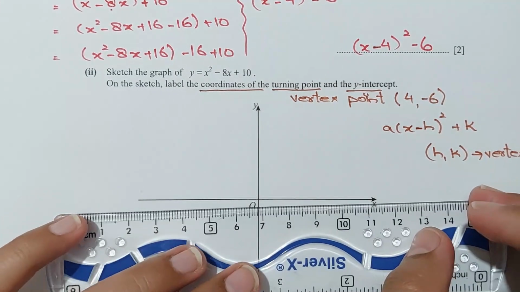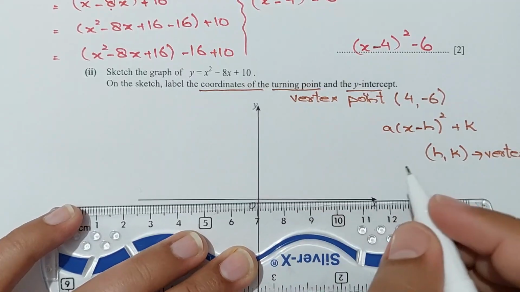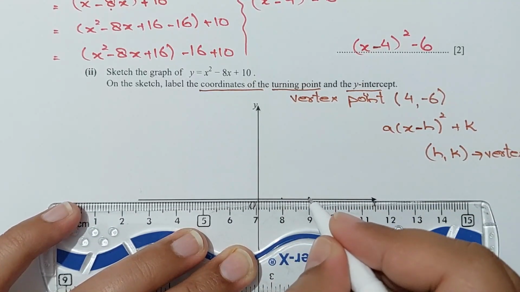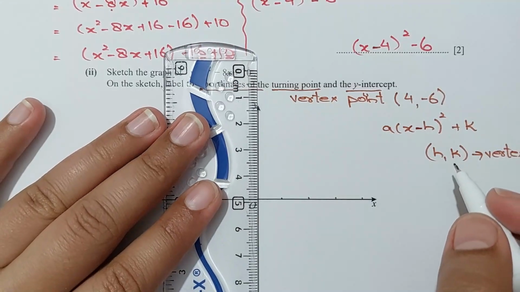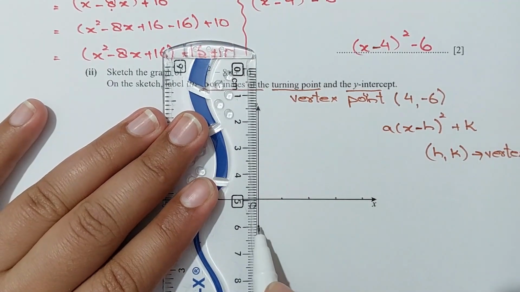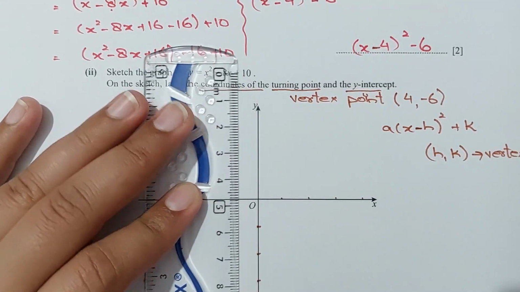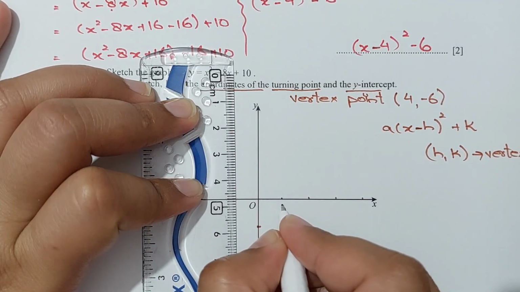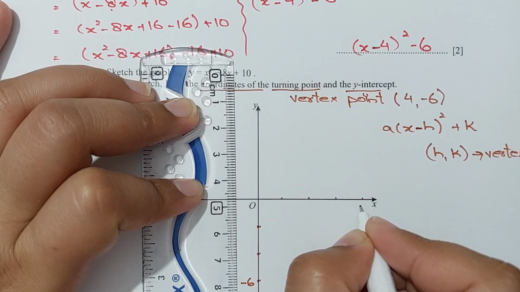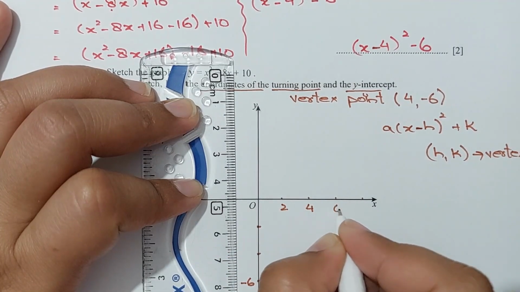Okay, x value is 4. 1, 2, 3, 4, and the y value is negative 6 downward. 1, 2, 3, 4, and 6. Let's say negative 6 is over here, and we have 1, 2, 3, and 4 is over here, or we can say 2, 4, 6 and 8.